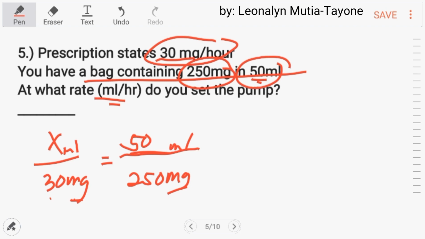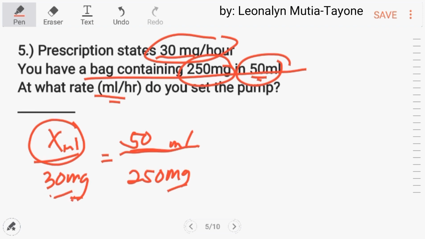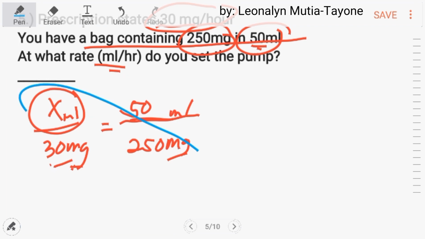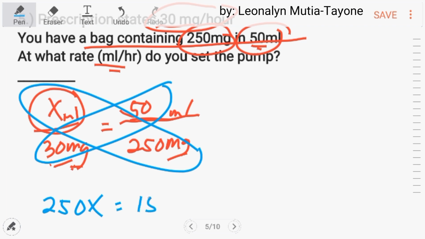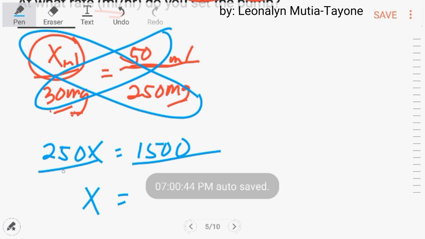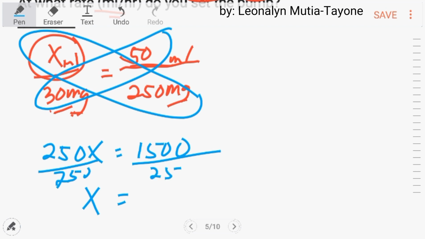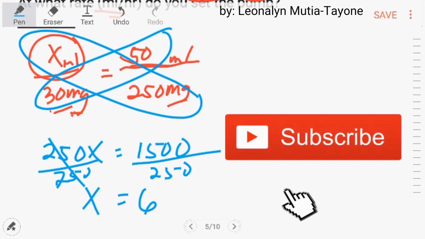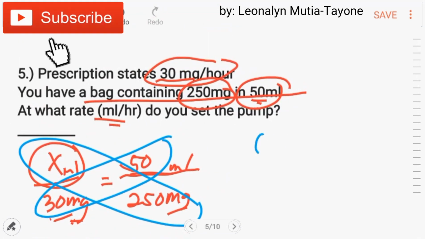So we have to identify how many ml in 30 milligram. What we will do is cross multiply. 250x equals 1,500. To isolate x here, we will divide both by 250. So cancel out 250 on this side, then 1,500 divided by 250, and that is 6. So the answer is 6 ml per hour.